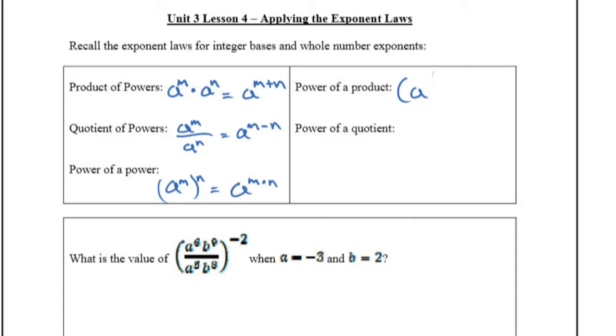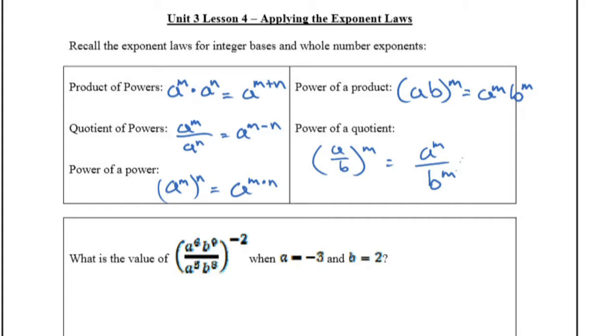Power of a product, let's go: a times b to the power of m is a to the power of m, b to the power of m. So everything inside my bracket gets my exponent. And power of a quotient is the exact same thing. A divided by b to the m is a to the m over b to the m.